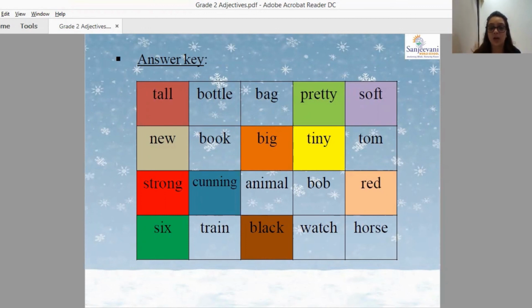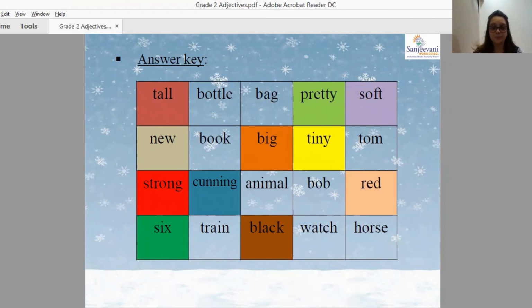Black. I have black boots. So boot is a noun and it is telling more about the boot that is black. The word black is a describing word. Watch is the name of a thing. That's why it's not an adjective. And last is horse. Horse is also a name of an animal. So it's not an adjective.